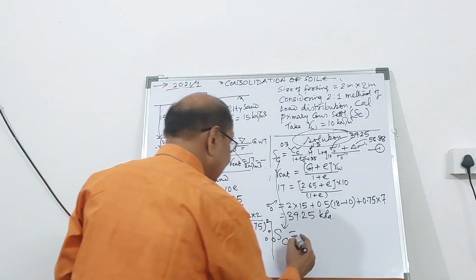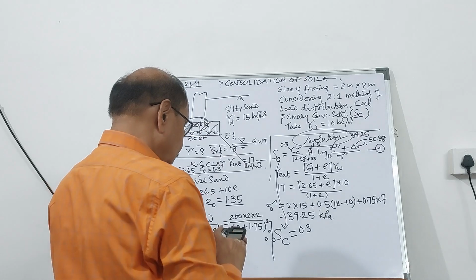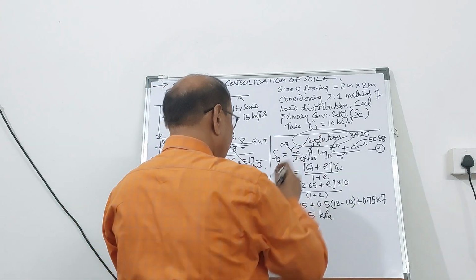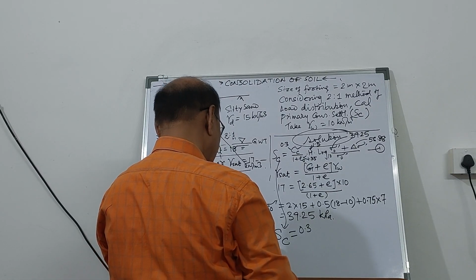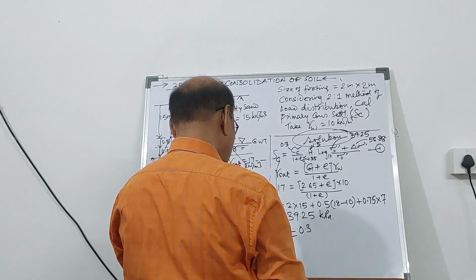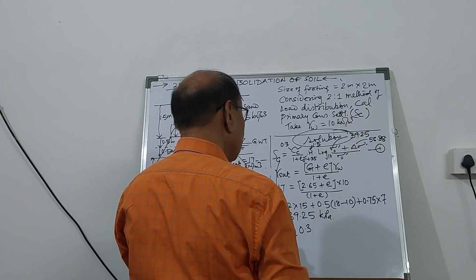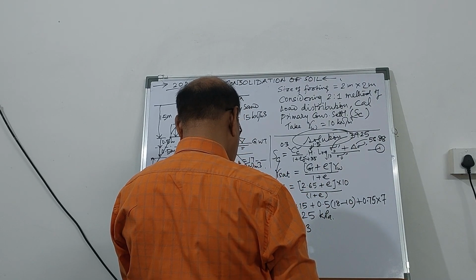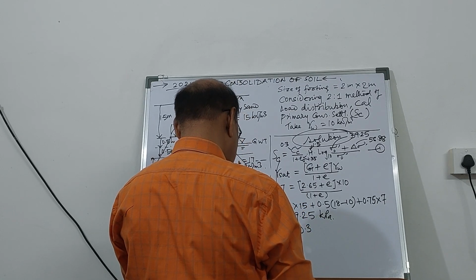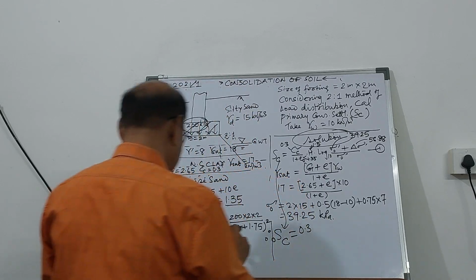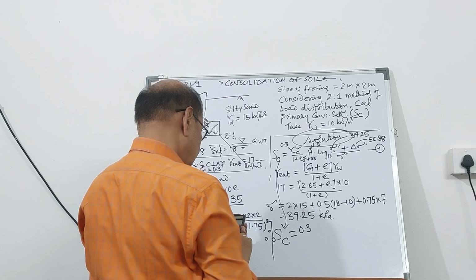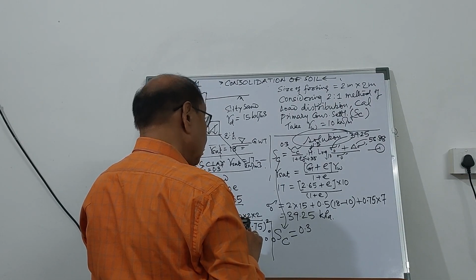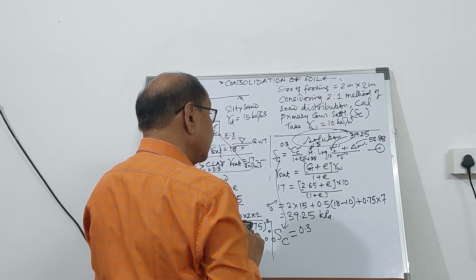It equals 0.3 into 1.5 divided by 2.35, into log of (sigma naught prime, which is 39.25, plus delta sigma prime, which is 56.88) divided by 39.25.